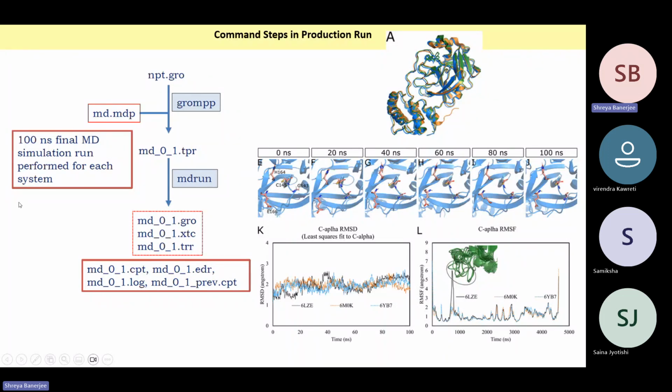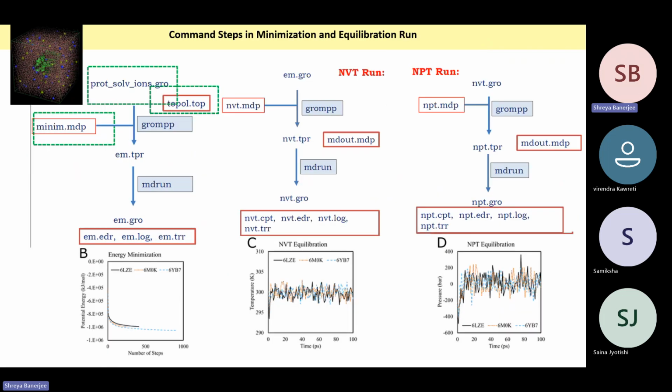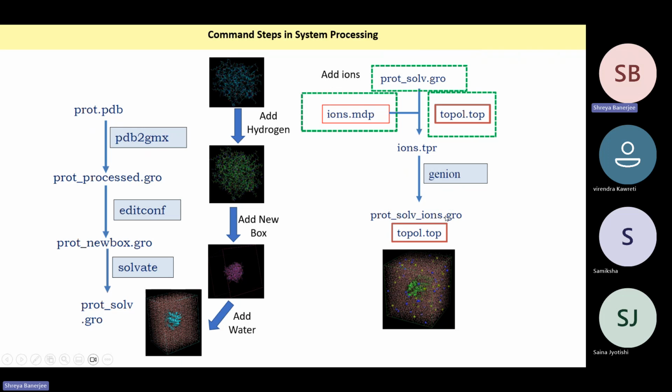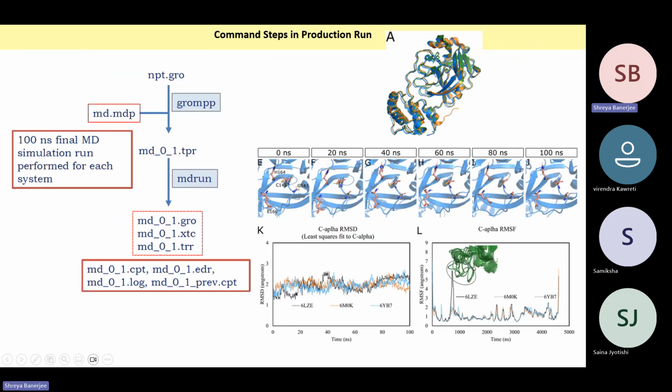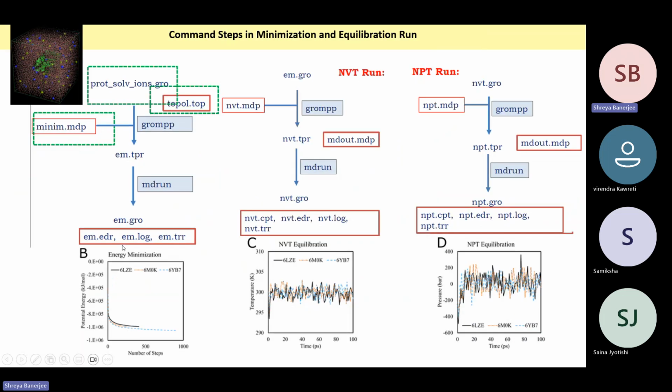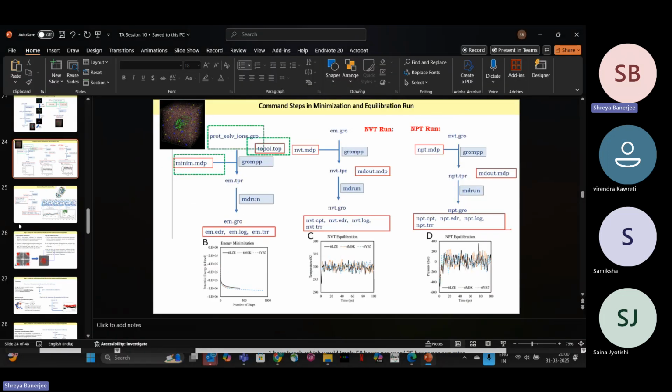So basically, it was asking from PDB to .gro, what are the files being generated? .xtc is generated after that, during the molecular dynamics simulation run. So you don't have to remember all the commands and everything, but you can just remember these file extensions. That .gro is the GROMACS file, .mdp is the energy minimization file, and so on.